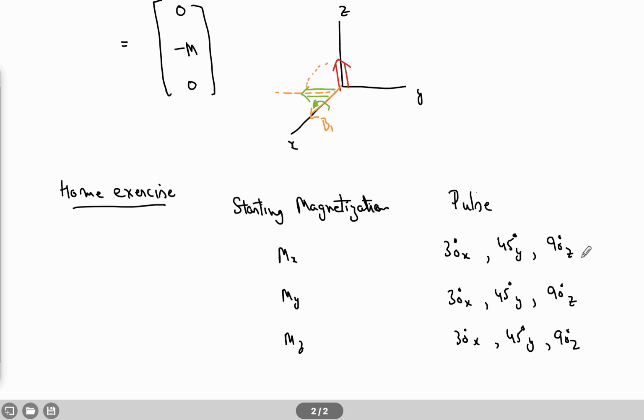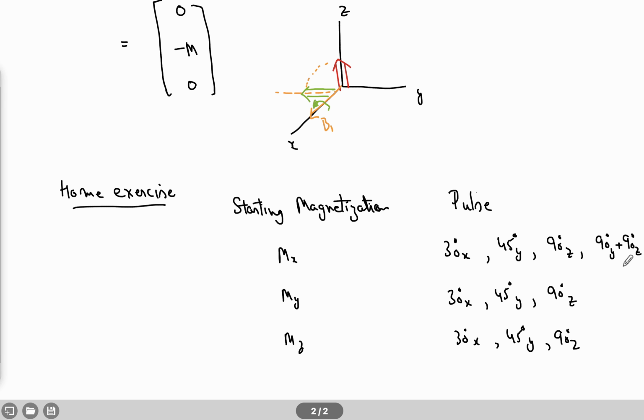You can also do a slightly more complicated case. I mean, not complicated, but let's see what you get if you do a 90 degree y plus 90 degree z rotation. Okay, so what happens then? So back to back two pulses are applied with different phases.